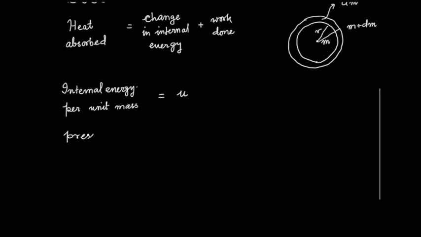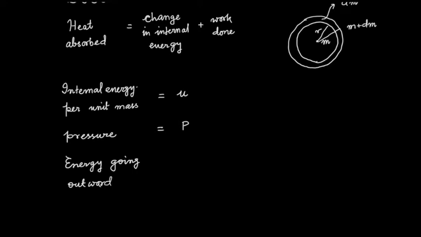Pressure I call P. So these things can be functions of mass and time both. Energy going outwards per unit time, I call this L. And if it is going outwards from m, then it is L_m.